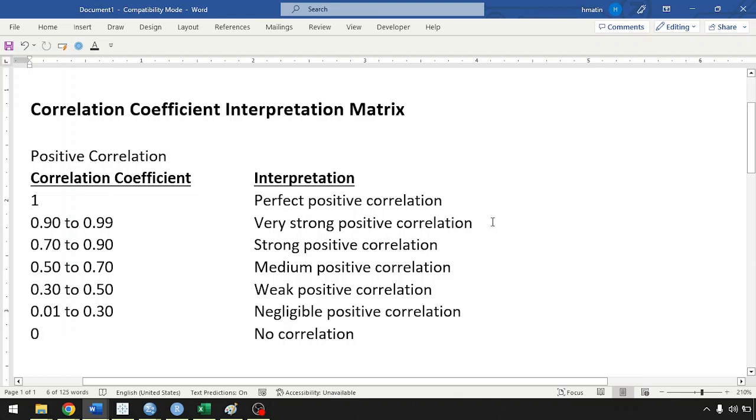It depends on the industry, or the academic discipline where you're doing your research and analysis. But I thought this would be ideal to break down the coefficients. Some sources have broken them down in increments of tens.